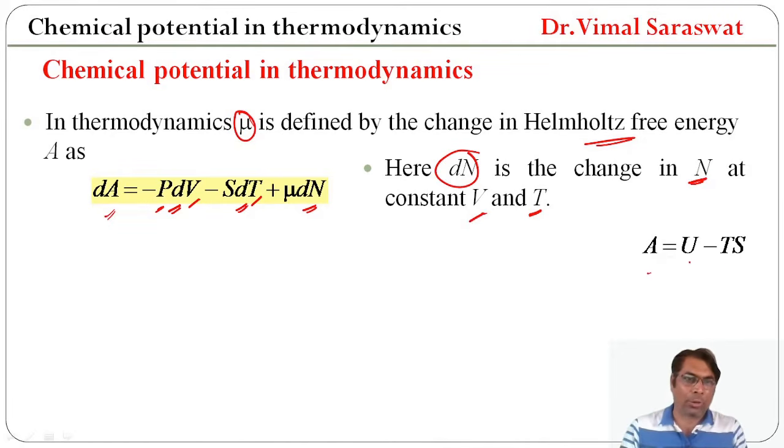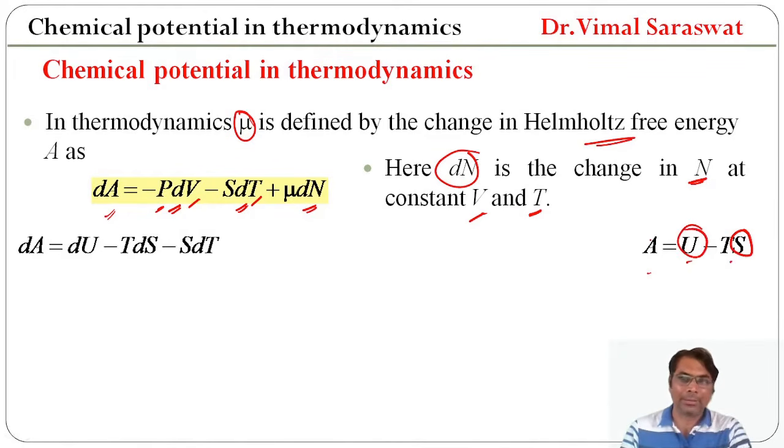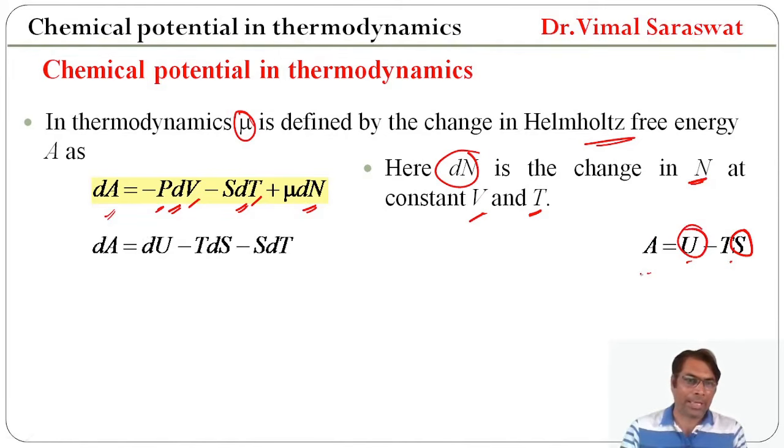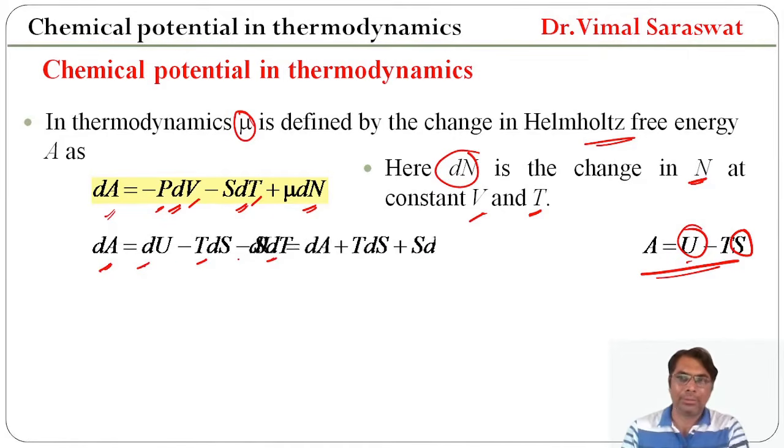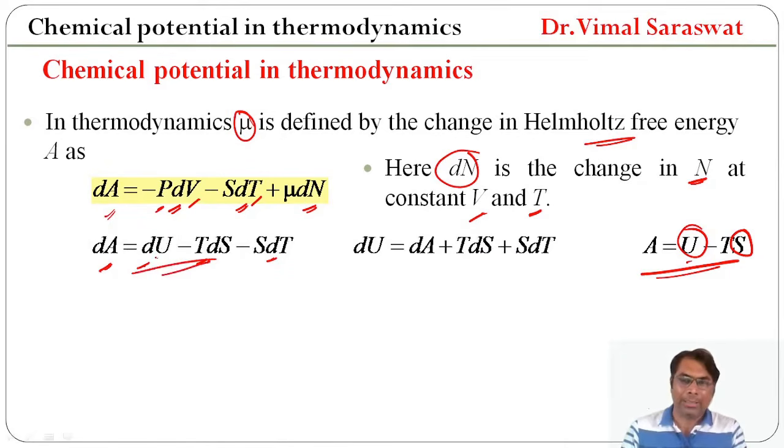Since A equals U minus TS, here S is entropy and U is internal energy. So if we differentiate this equation, then dA equals dU minus TdS minus S dT, and from here dU equals dA plus TdS plus S dT.